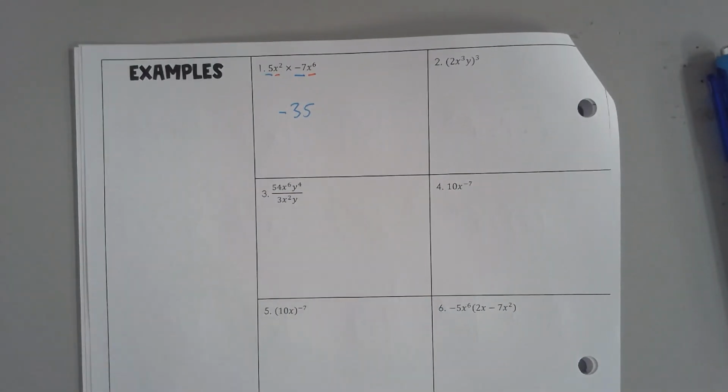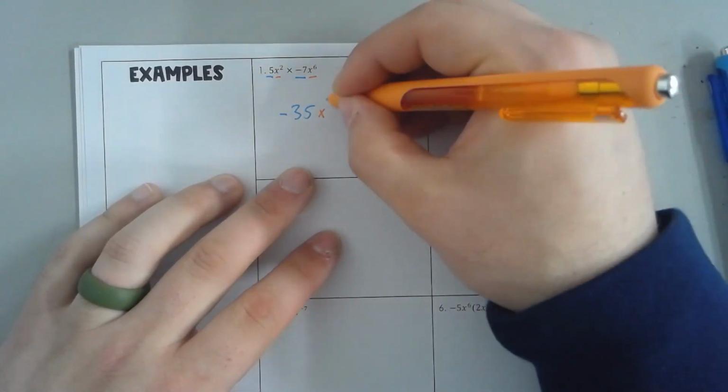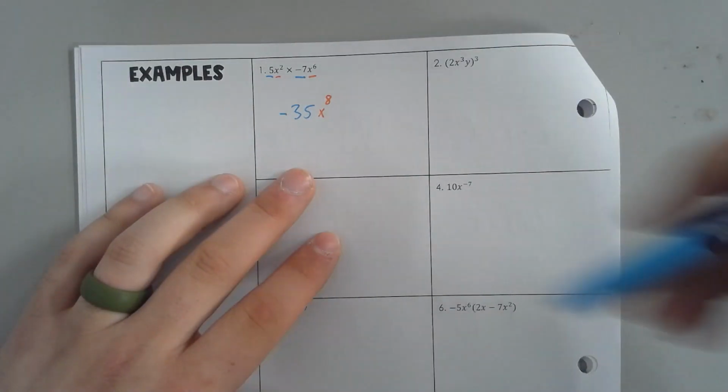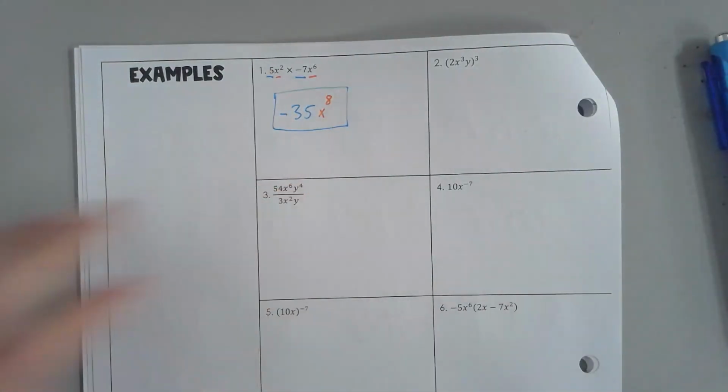So we're multiplying those. So what do we do with our exponents? If we're multiplying, we add them. So we've got 2 and a 6. So 2 plus 6 will give us 8. So negative 35x to the 8th.